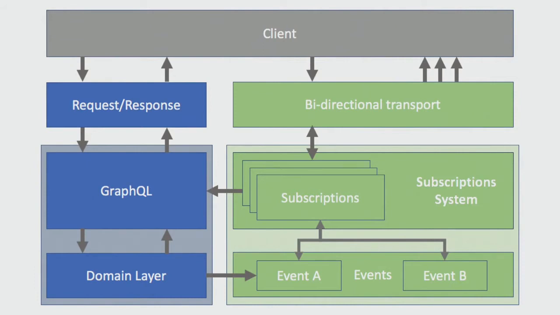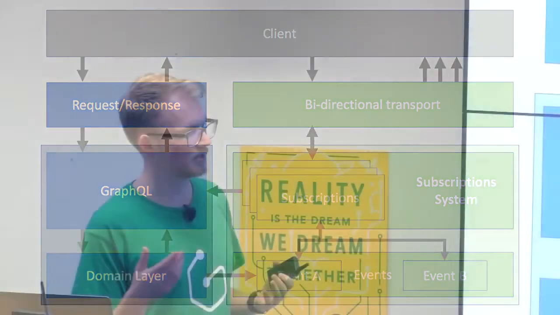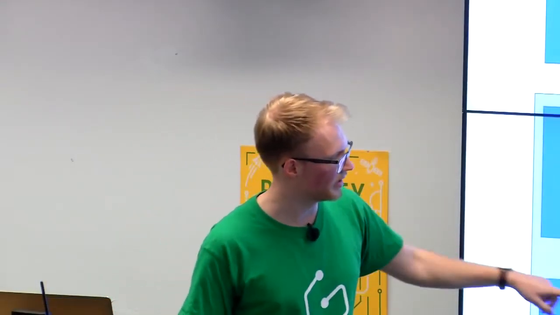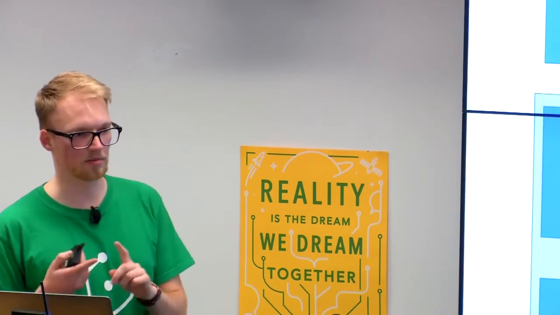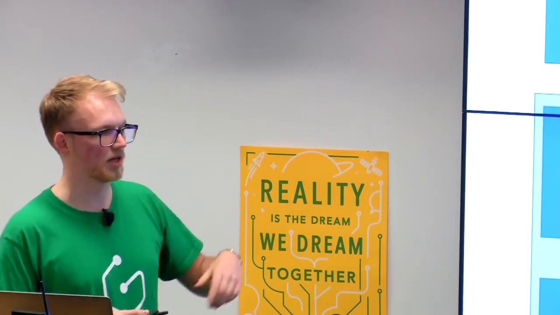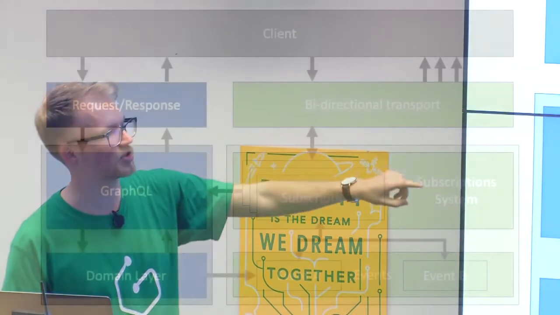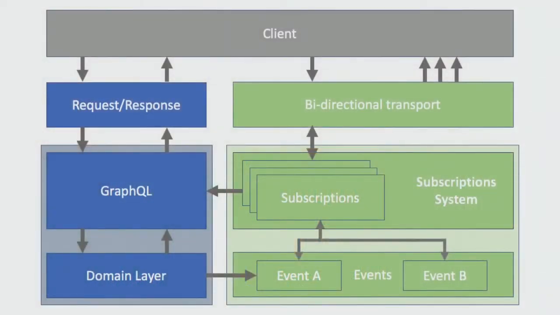These subscriptions get fed new data if, for example, the domain layer tells the subscription server, hey, something has happened. Maybe somebody liked a post or has written a comment, and the user has established a subscription via a connection. So the subscription server knows about this and can push the message through. This is a simplified architecture.